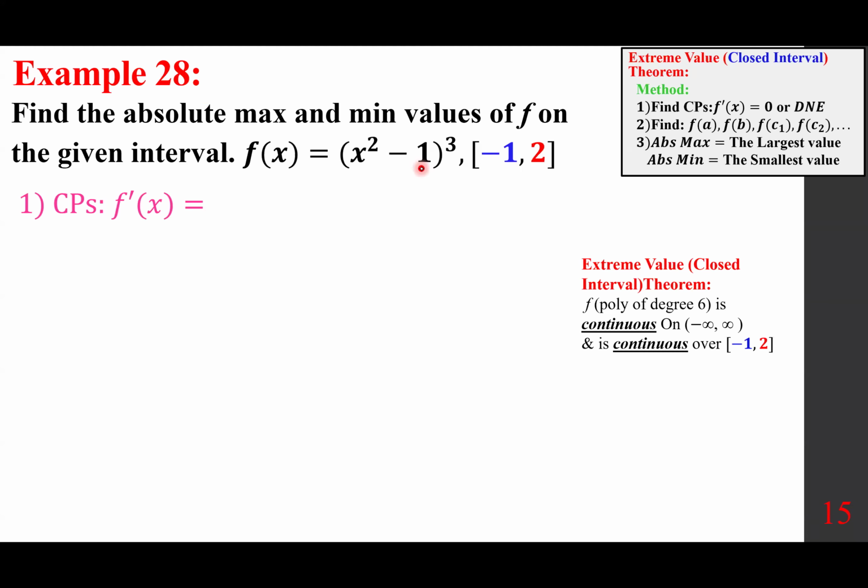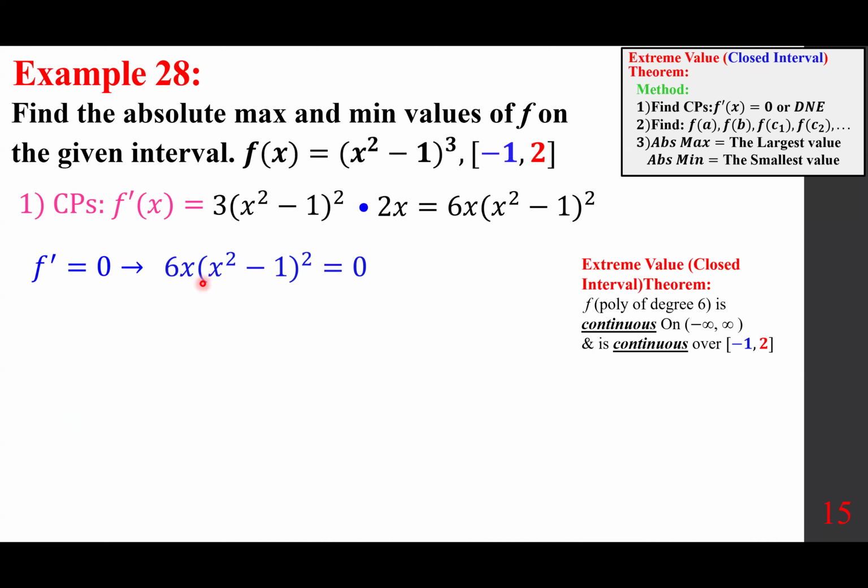That means we are going to differentiate this. To differentiate this, 3 times x squared minus 1 squared times the derivative of the inside, 2x. And that becomes 6x times x squared minus 1 quantity squared. f prime equals 0, so set this equal to 0.